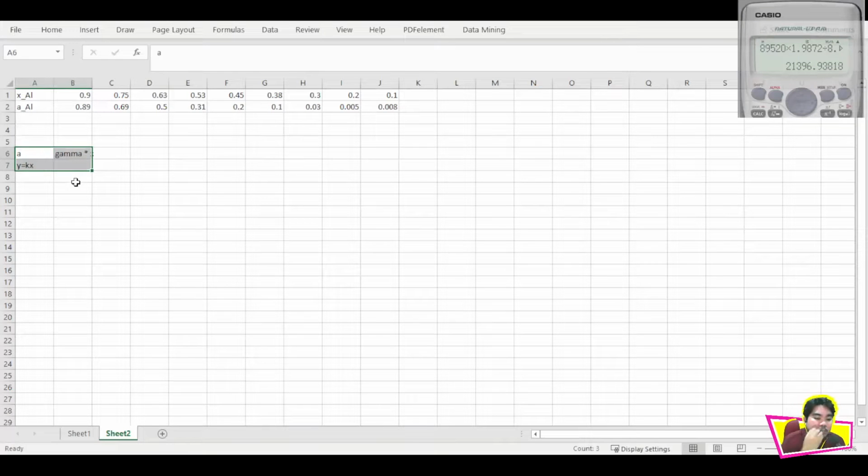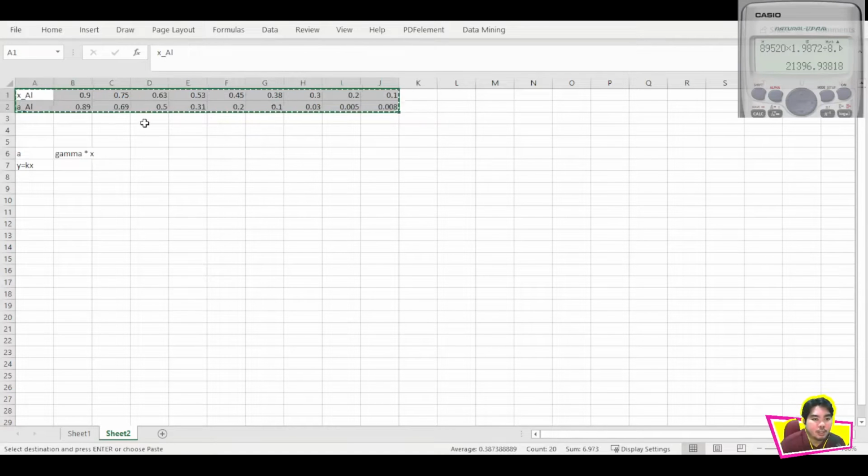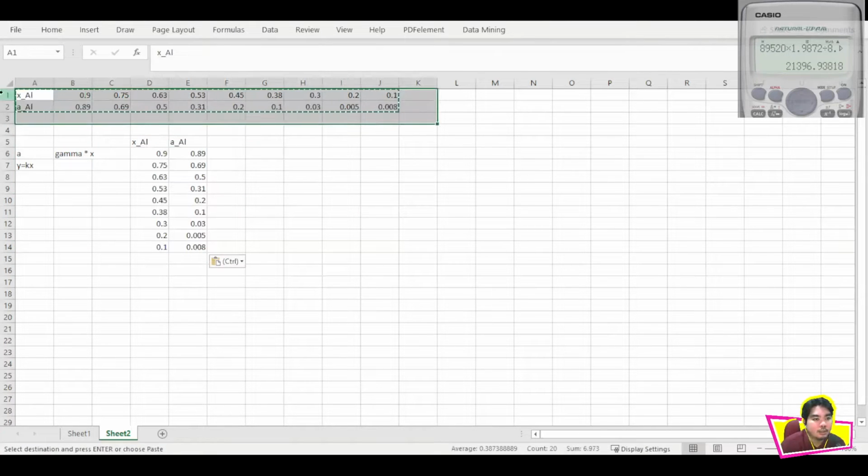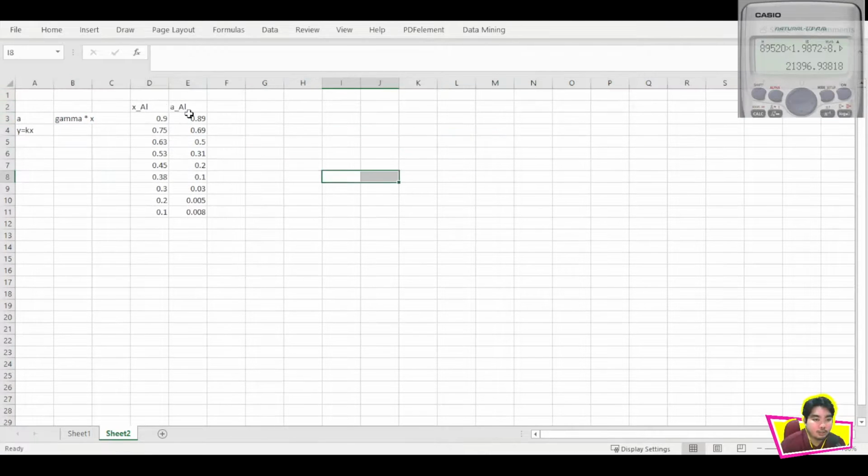Tama lang? Makes much more sense. So, compare natin 'to. And feel ko mas madali if we palitan natin yung table, no? Wait. Gagawin natin siyang transpose natin ng ganyan. So, it's much easier to work with.